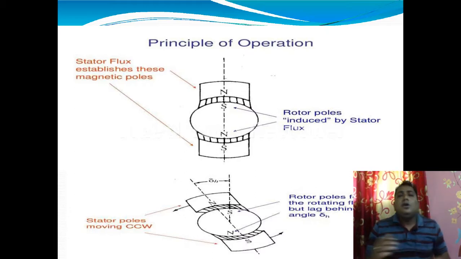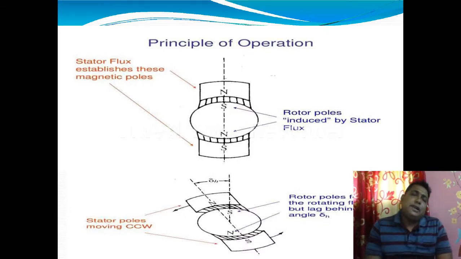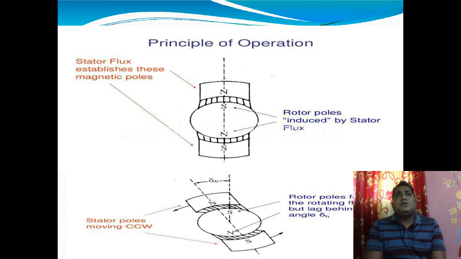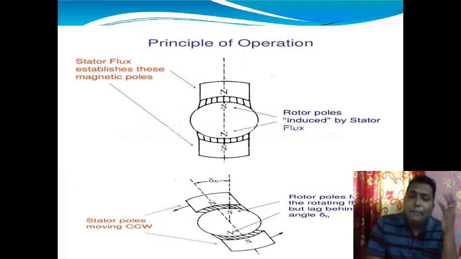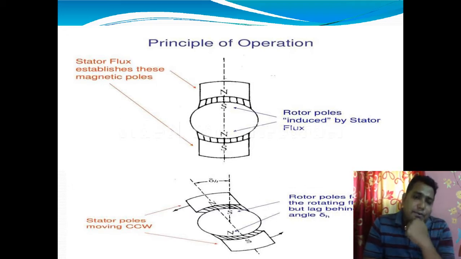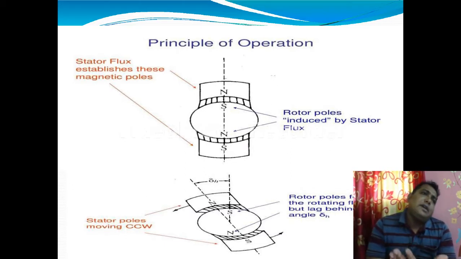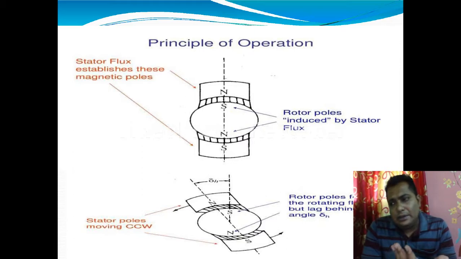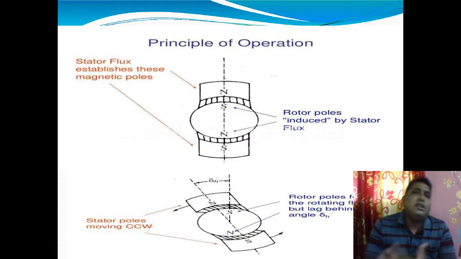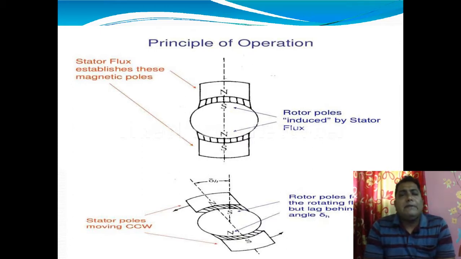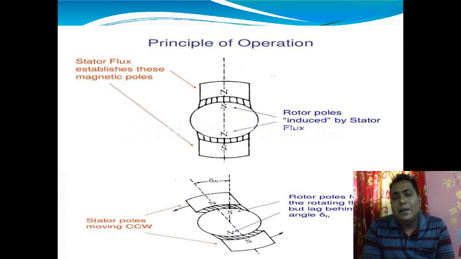Principle of operation. To understand the principle of operation of this hysteresis motor, we have to think of the BH curve. We have studied the BH curve several times in school-level and college-level physics. B is the flux density representing the y-axis, H is the magnetic field intensity representing the x-axis, and in between we can draw the BH curve.